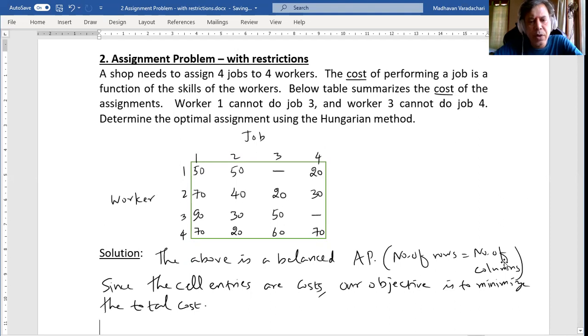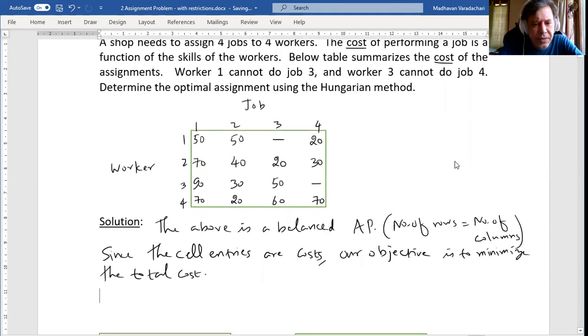That is the second thing we verify. So the first is to verify whether it is balanced or unbalanced. Second is to verify whether it's a minimization type or not.